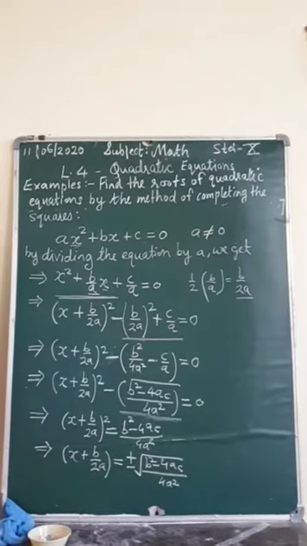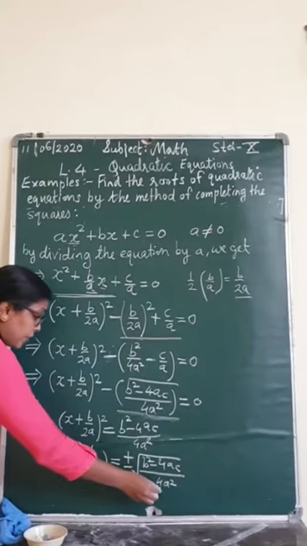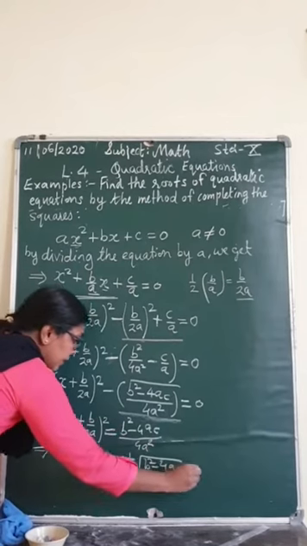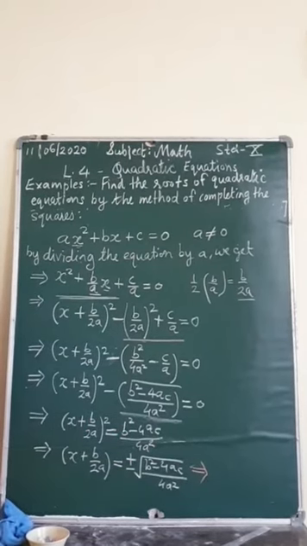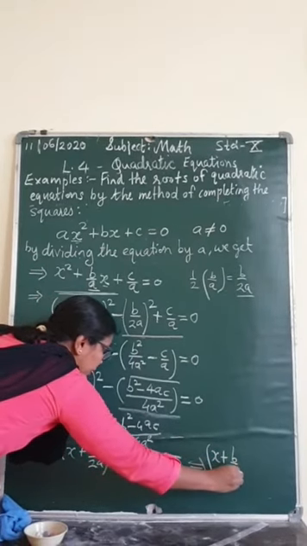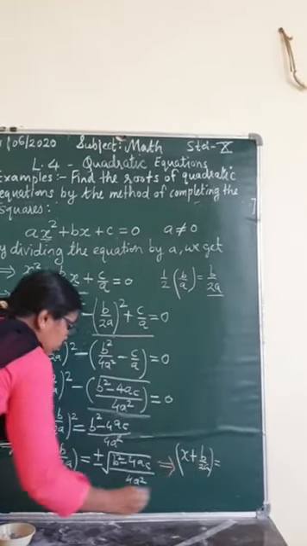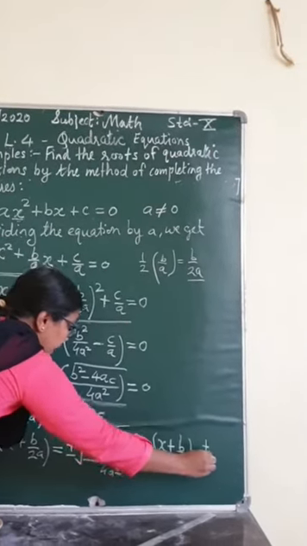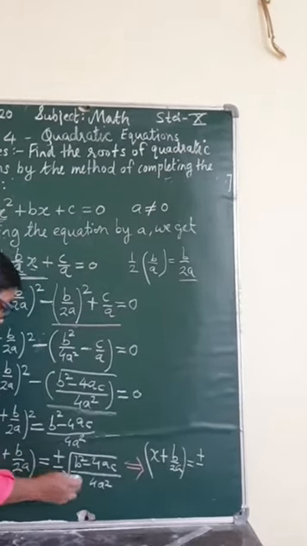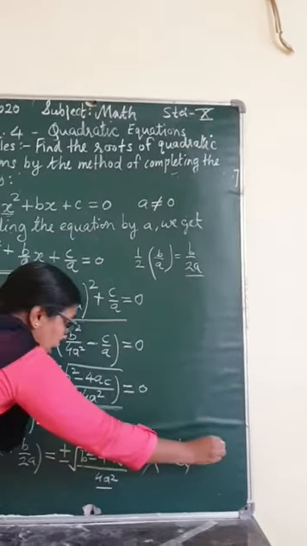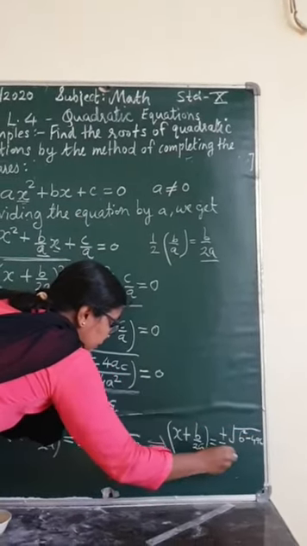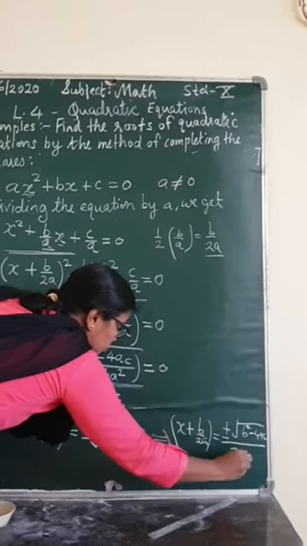Now the terms that are perfect squares will come out of the root sign, and then finally we get x plus b upon 2a is equal to plus or minus the square root of b square minus 4ac, which stays under the root, and the 4a square comes out of the root sign and becomes 2a.